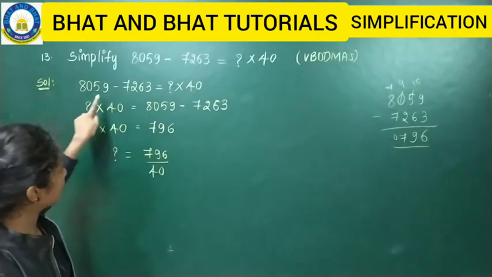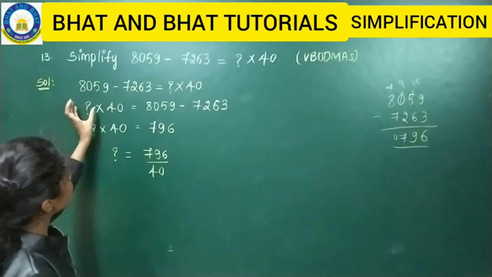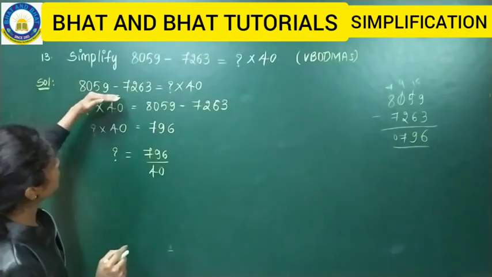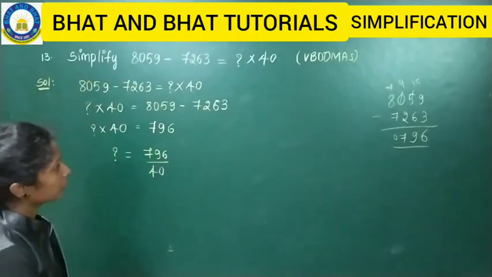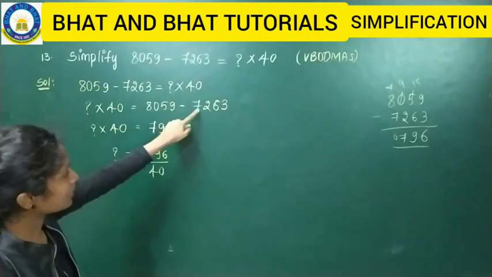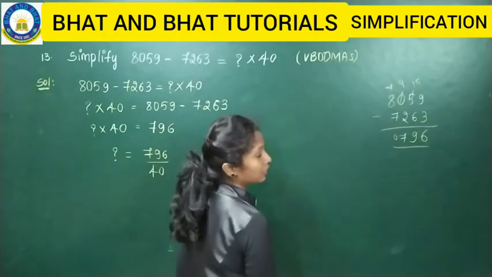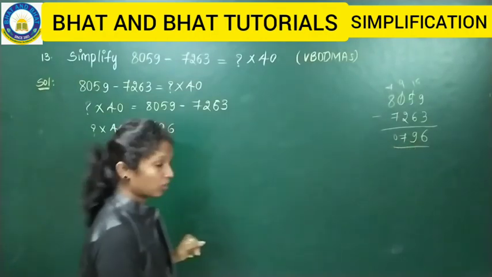You're going to take this to your left hand side, because you need to find the value of question mark, and you're going to take the subtraction to your right hand side. When you take this to your right hand side, you're going to minus those two numbers: 8059 minus 7263, you will get 796 as your answer.